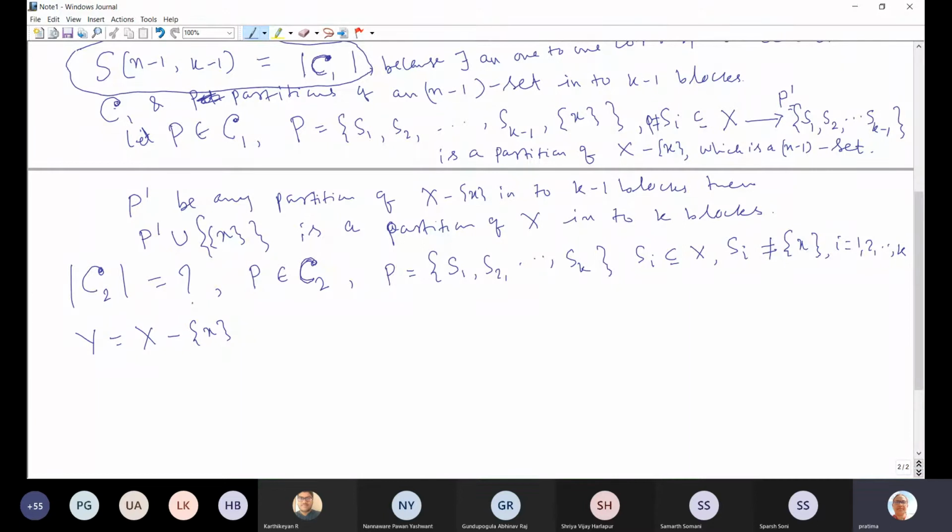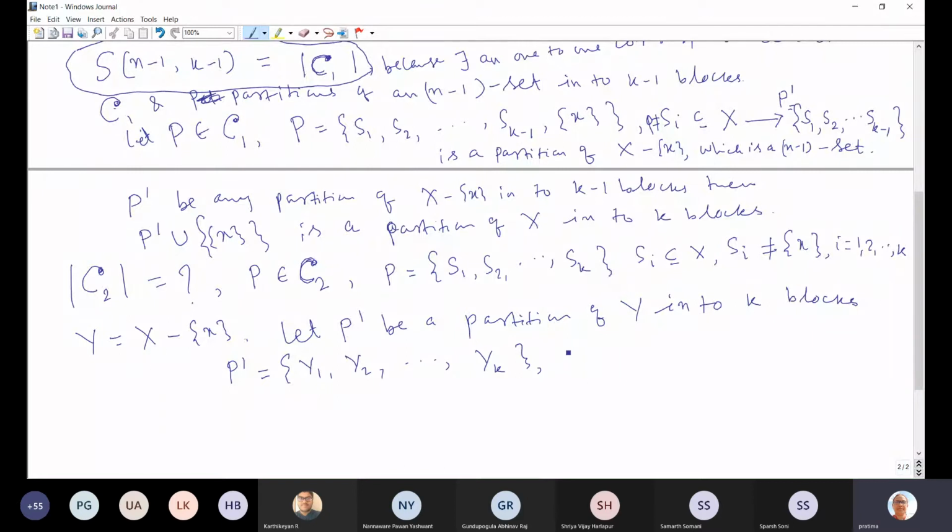Now I will consider a partition of Y. Let P prime be a partition of Y into k blocks. Then P prime is of this form: Y1, Y2, up to Yk, where each Yi is a non-empty subset of Y, and their union, you know the meaning of a partition, the union of the Yi will be equal to Y.